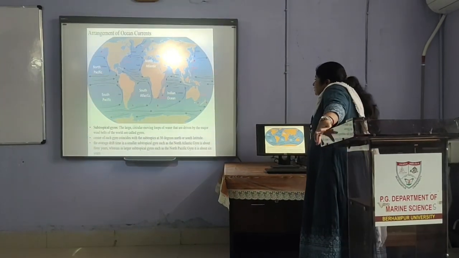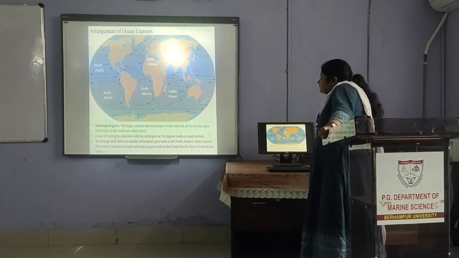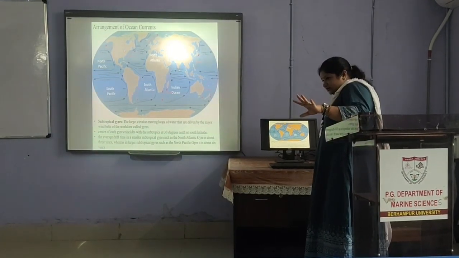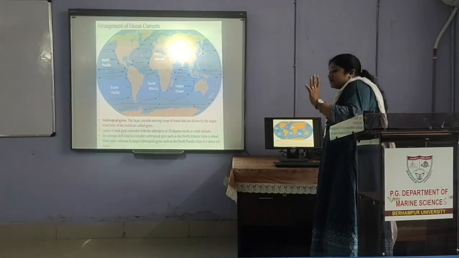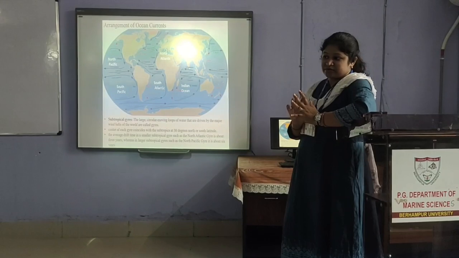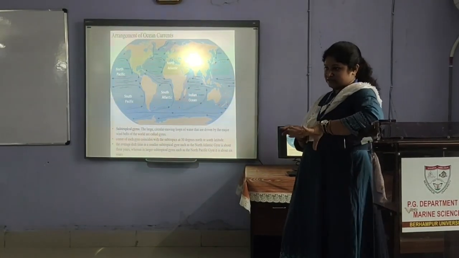See, here it is North America, South America. So this is the east part of the continent, but if we consider the basin, it is the west part of the basin. So it is called the western current.